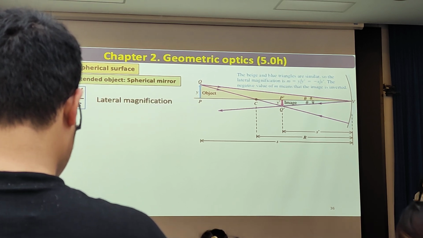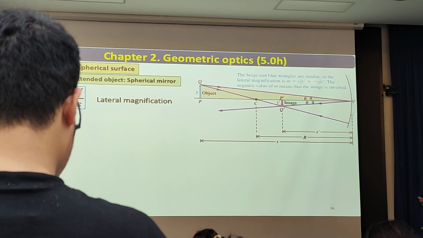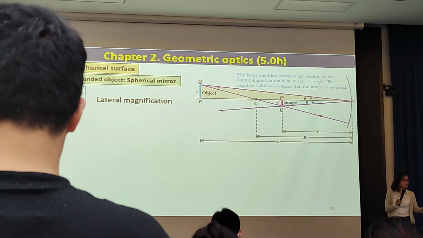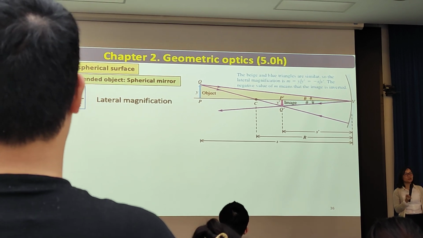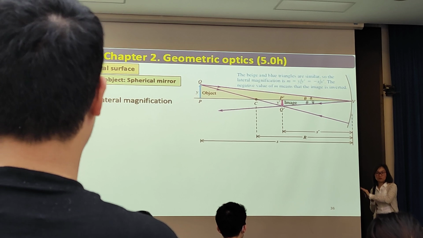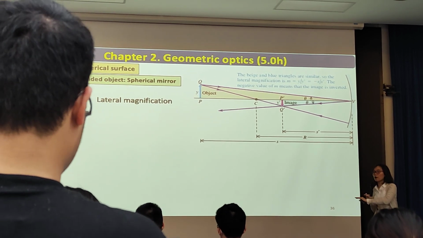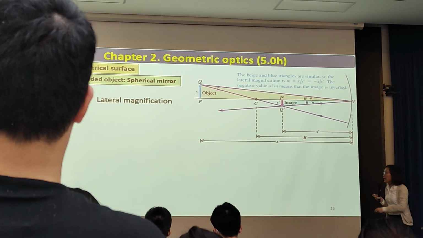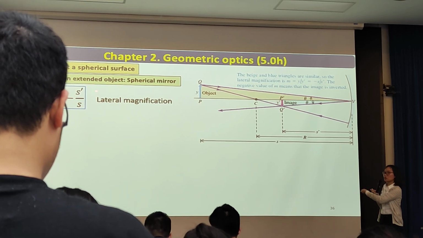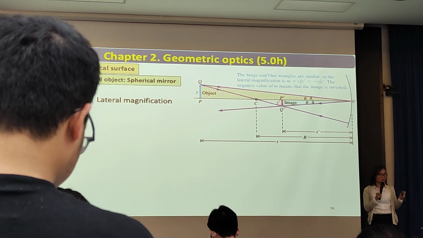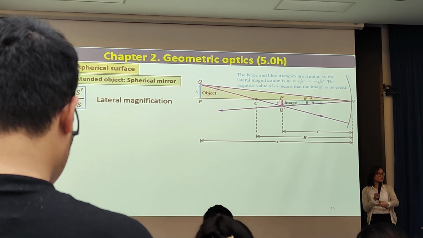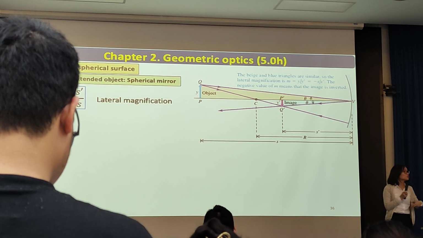How to form the image for the graph. And the position of the image is the same. We will use the previous equation, 1 over S plus 1 over S prime equals 2 over R, or equals 1 over F. And in the case you have an extended object, the height of the object, when the mirror forms an image, will be changed.